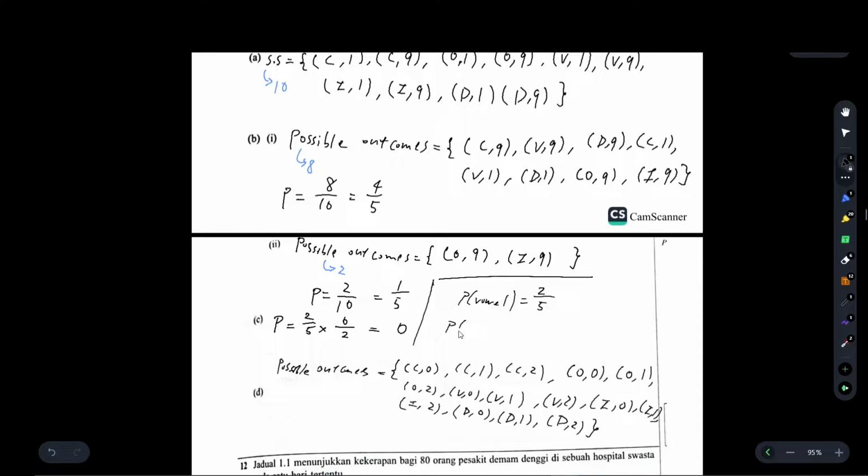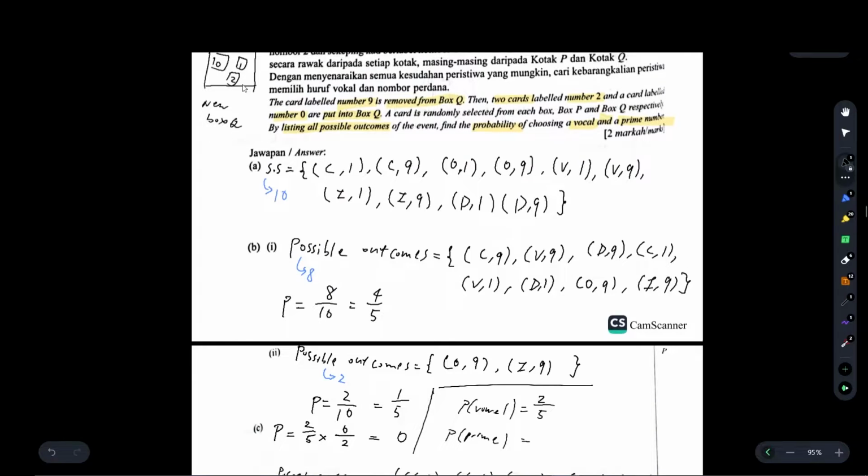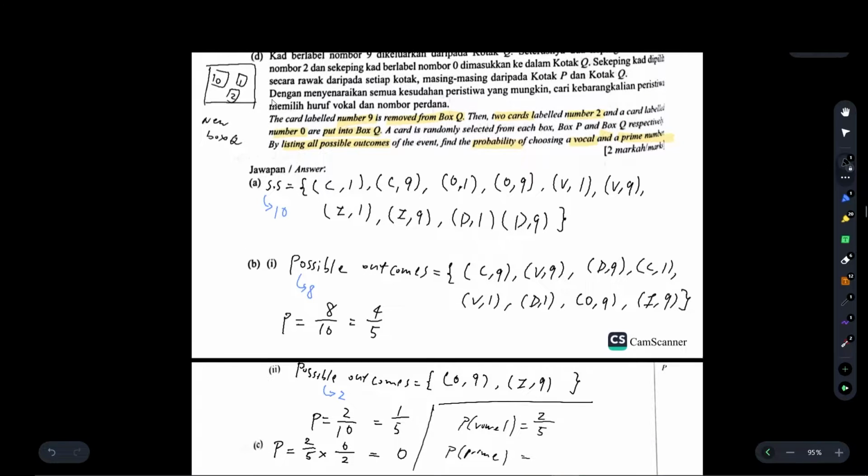And the probability of a prime number. Okay, so we're going to find the prime number from box Q. So 0 is not a prime number, 1 is not, and 2 is a prime number because it can be divided by itself and also divided by 1. So we have 1 prime number over here.